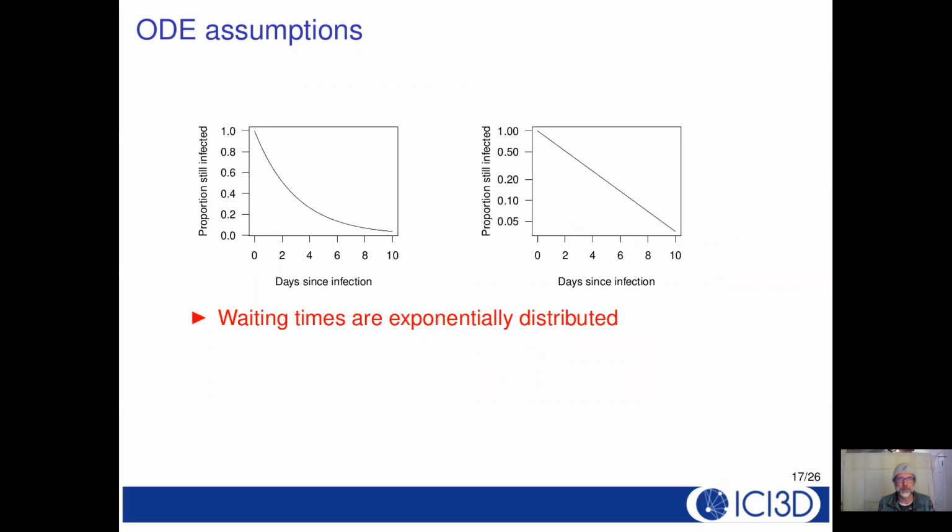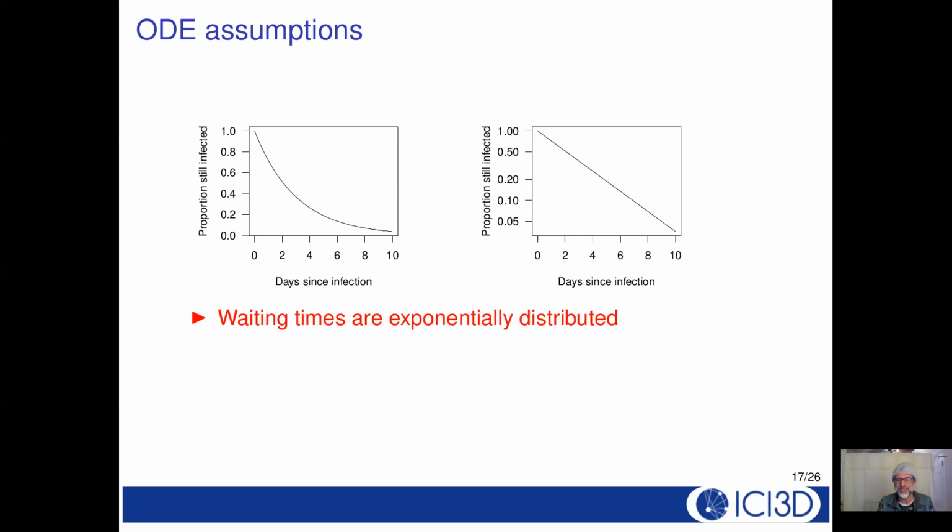Another assumption that we make when we do an ordinary differential equation is to say that my probability of leaving the infectious class, or my probability of dying at random, or my probability of moving, say, from exposed to infectious, we assume all of these things are memoryless, that the only thing that affects my probability of leaving a box is whether I'm actually in the box.